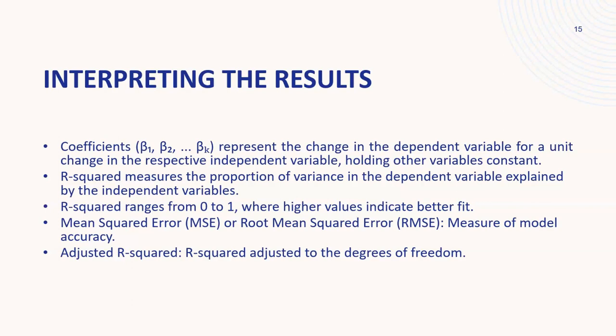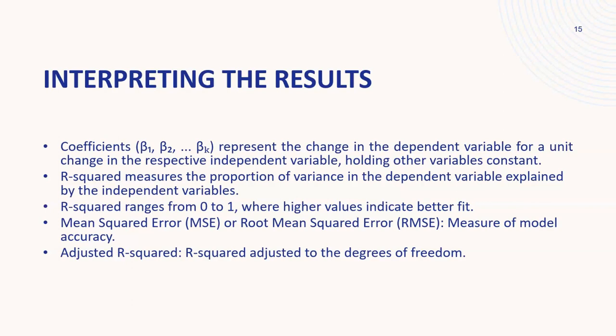Therefore, the concept of adjusted R square plays a very important role, that is R square adjusted to the degrees of freedom. Adjusted R square considers only those independent variables which create a significant individual impact on our dependent variable. So, to sum up, if the adjusted R square value is high, we can say the model is a very good fit, because that only considers the significant independent variables.